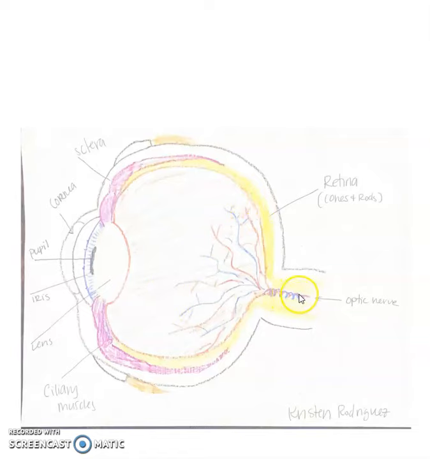And the optic nerve is a bundle of nerve fibers that serve as a communication between your eyes and your brain. A common eye disease in adults is cataracts. As we age, the lenses in our eyes become less flexible and they begin to get cloudy. And sometimes it covers the entire lens inside of your eye.